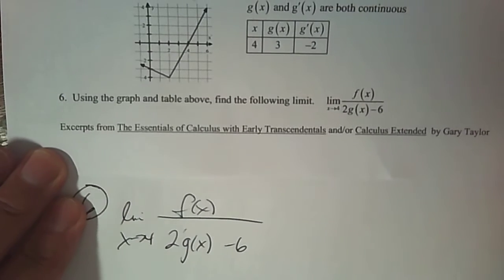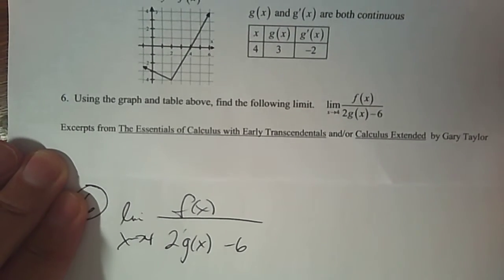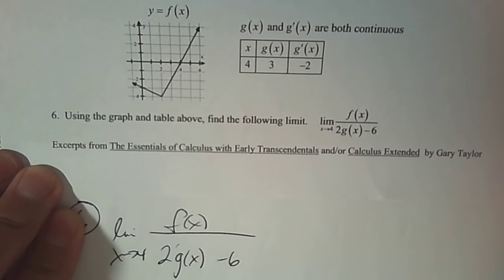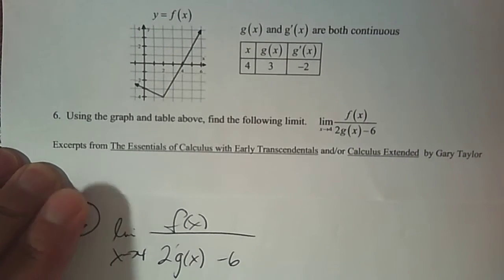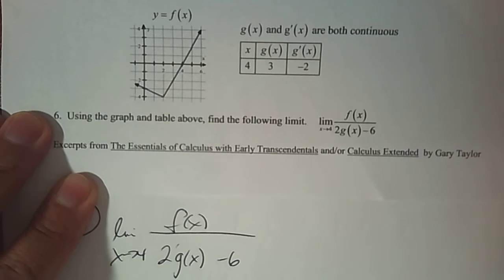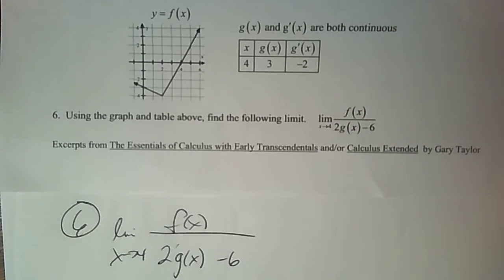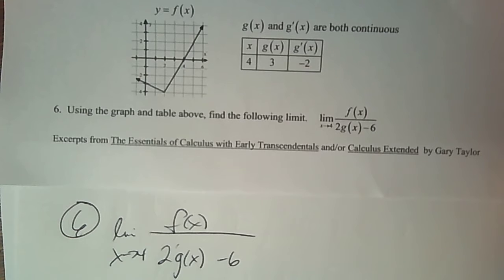And it gives me some values. It tells me that the value at 4 for g is 3. And for the derivative at 4, it is negative 2.